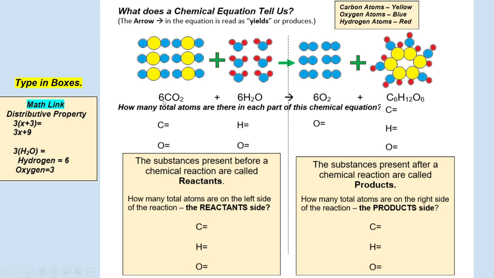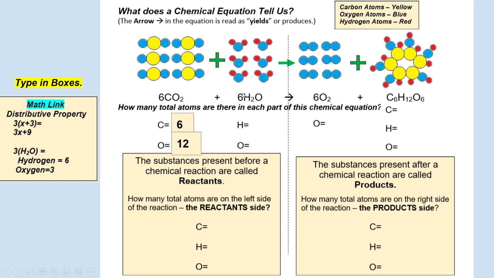So if we look at this, we have 6 CO2 and 6 H2O. And these yield or produce 6 O2, and this I'm just going to call glucose because that's what it is. So let's look at the number of atoms in each part of this equation. 6 CO2: we've got 6 carbon, and 6 times 2, we have 12 oxygen.